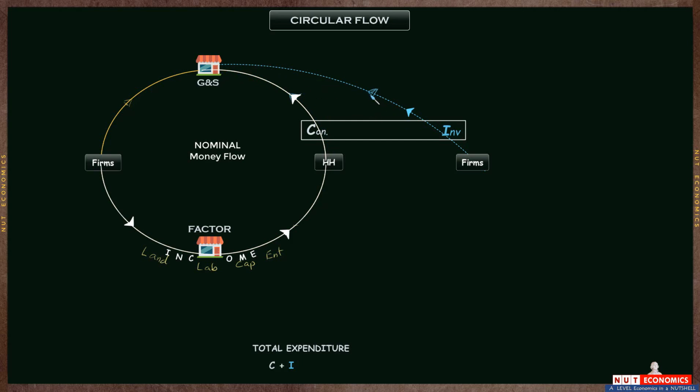So when you are thinking in terms of these nominal flows, we would say the total expenditure on the country's total output is C plus I, the sum of expenditures coming from households and the firms.